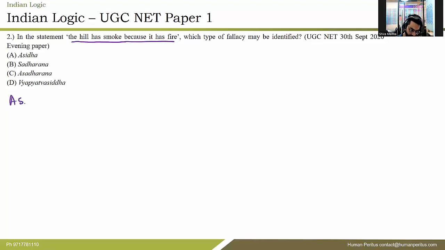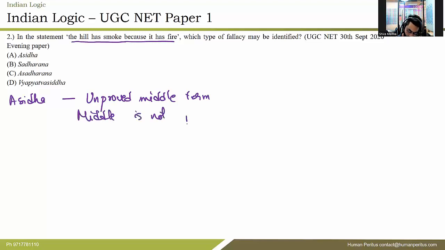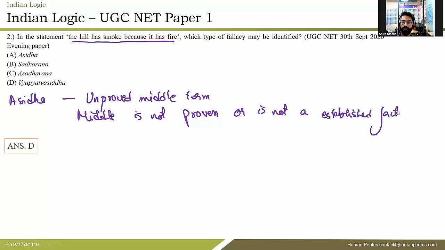First one is asiddha. What does asiddha mean? Asiddha is when you have an unproved middle term. Here, the middle is not proven or is not an established fact.